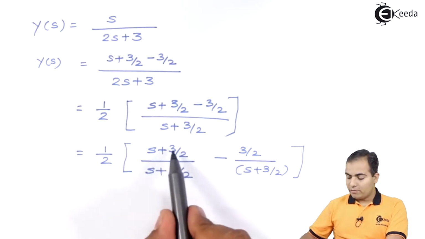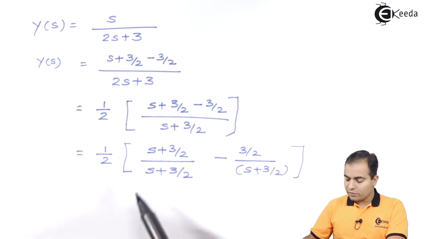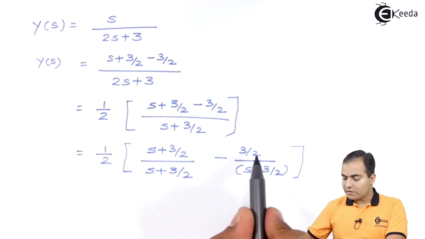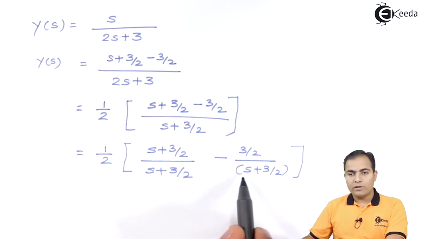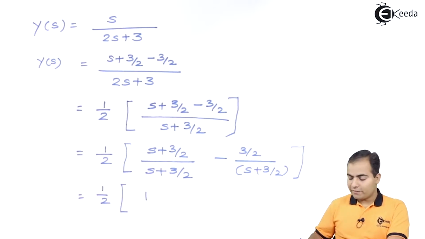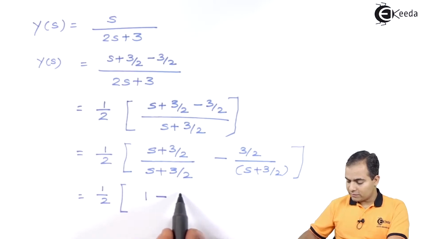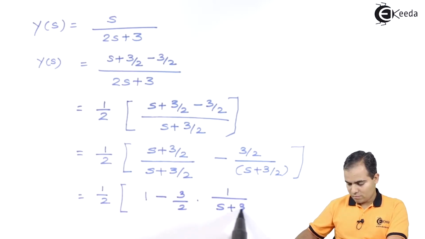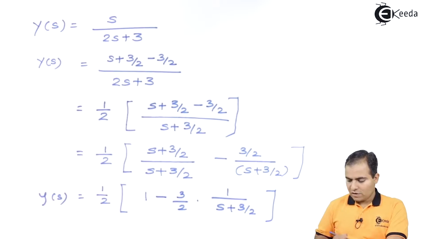Look at here, both the terms are similar, so these two terms will get cancelled. The only thing is minus 3 by 2 into, in the denominator, s plus 3 by 2. So here we have 1 and minus, and this is nothing but our Y of s.